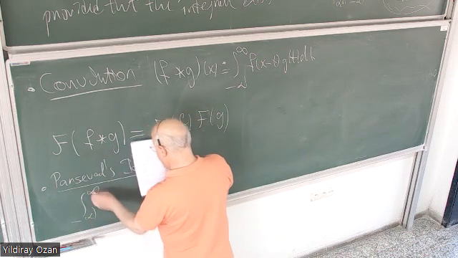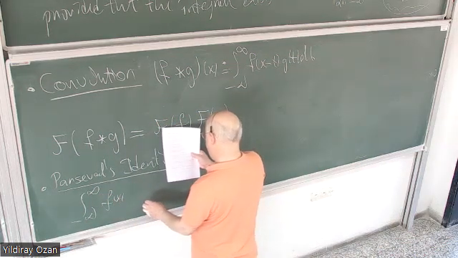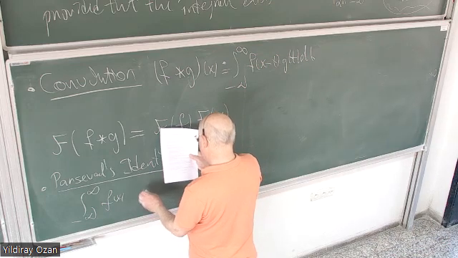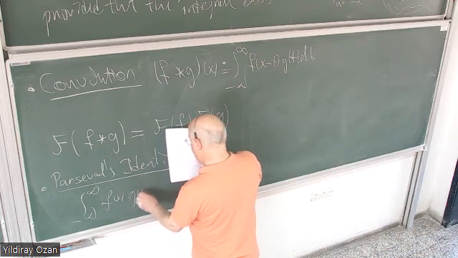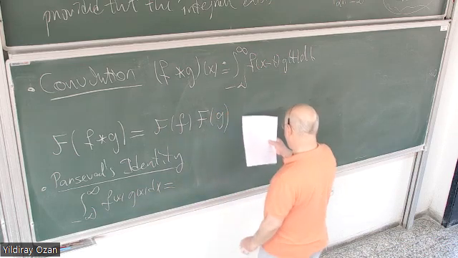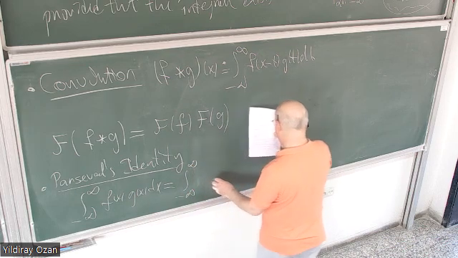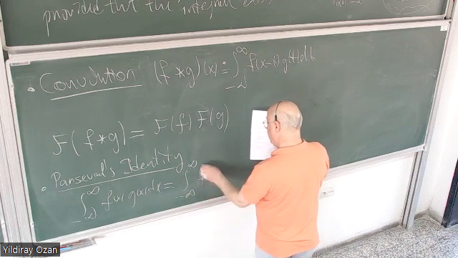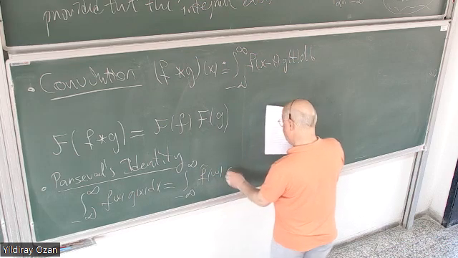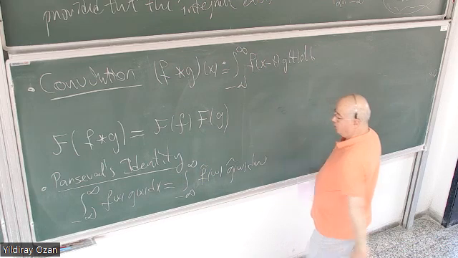Minus infinity plus infinity f of x g x dx equals minus infinity plus infinity f tilde w g tilde w.